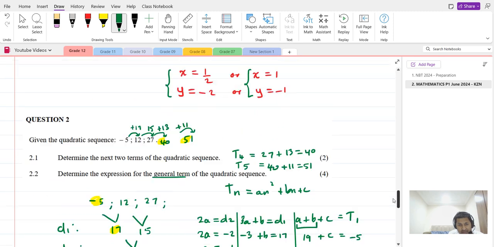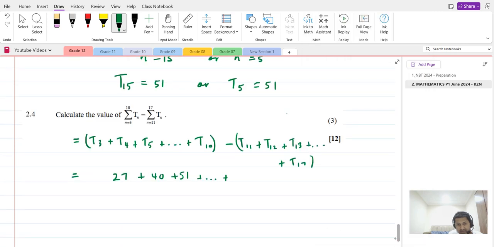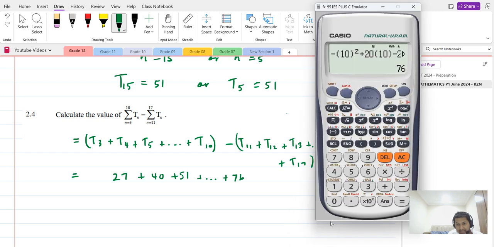We didn't work out term 10, so let's put it inside the formula. I just figured out another way, you can use graphs to solve this. Term 10 is 76.